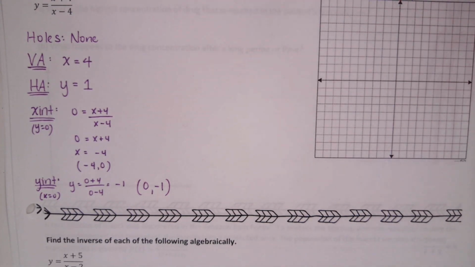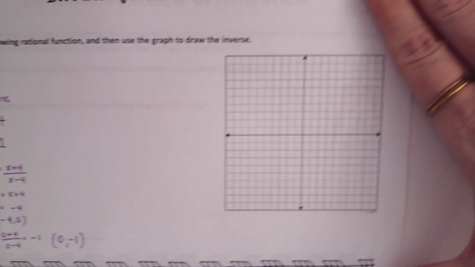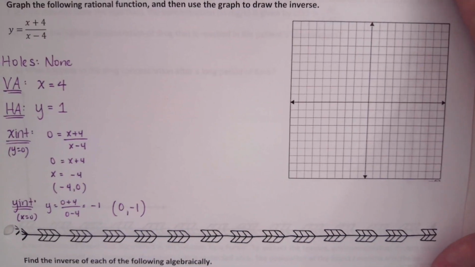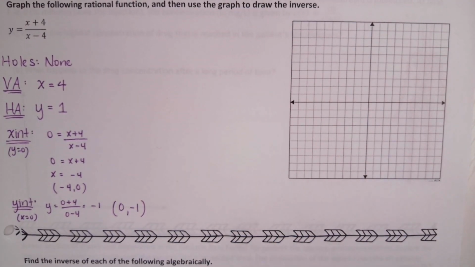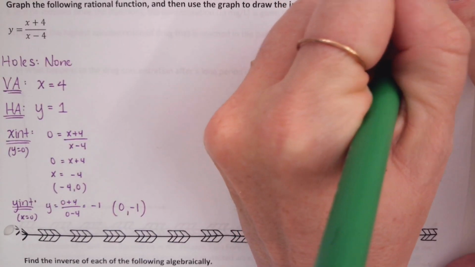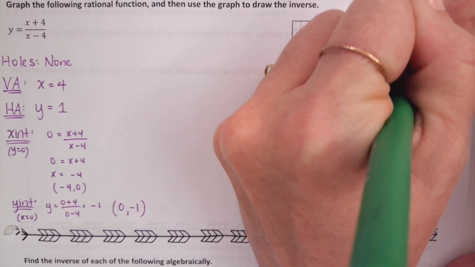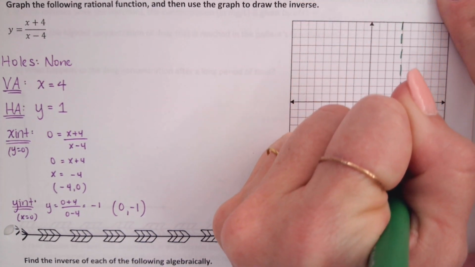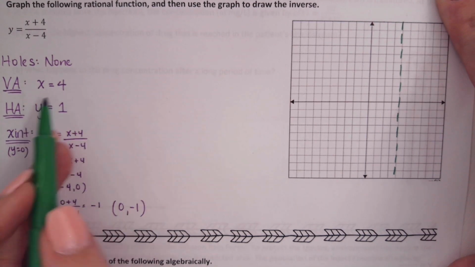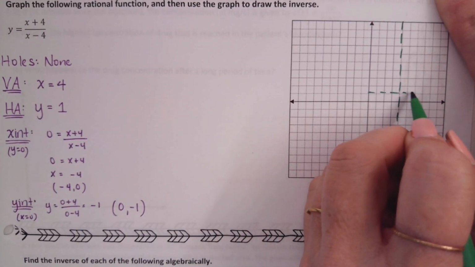All right, let's graph it, see what it looks like. I'm going to start by graphing the two asymptotes. We have a vertical asymptote at 4, and a horizontal asymptote at positive 1.